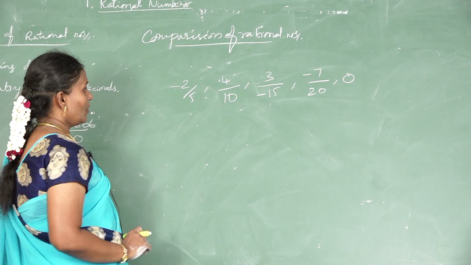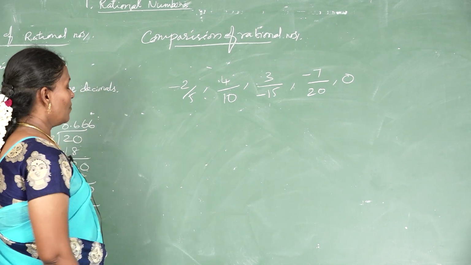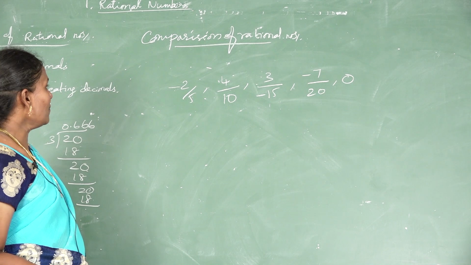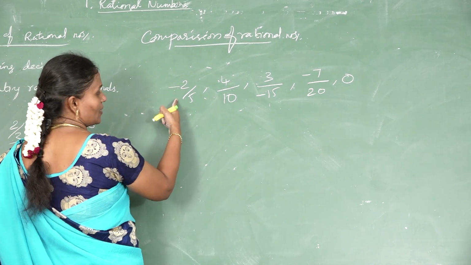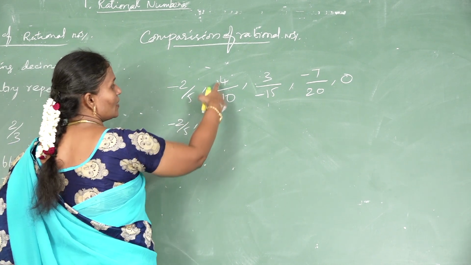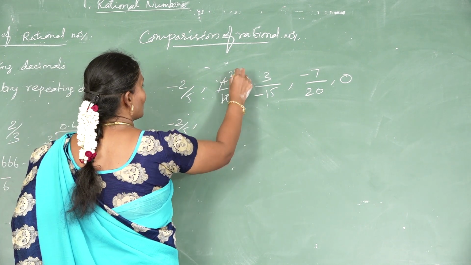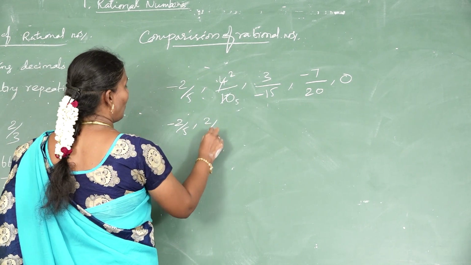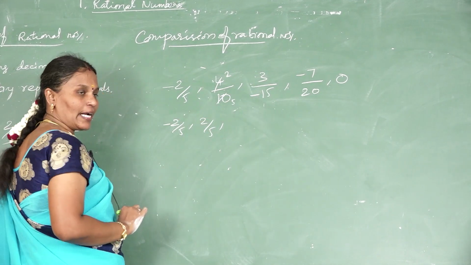Now see, here all the denominators are not the same. First, you have to write them in standard form. See this number, this rational number is already in standard form. Is this in standard form? No. So you cancel by the 2nd table, this is 2, 5. So 2 by 5. Then see here, this is also not in standard form.